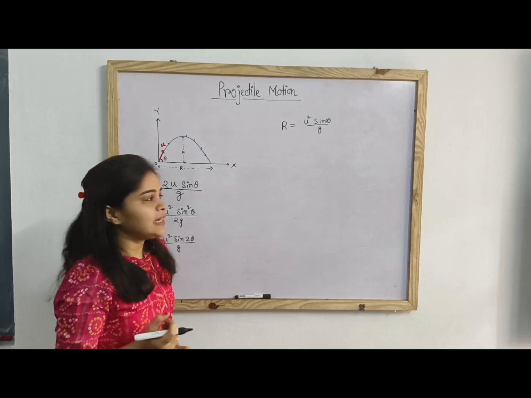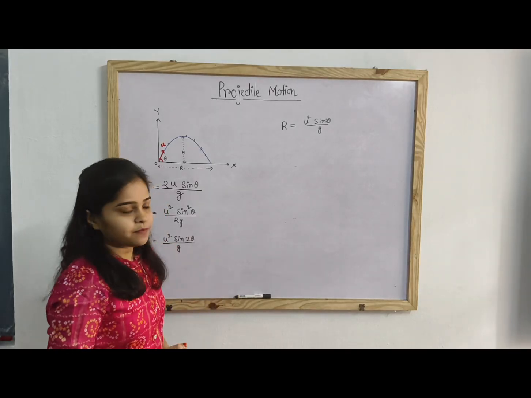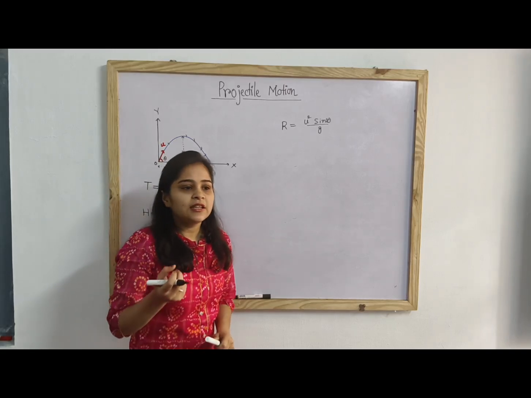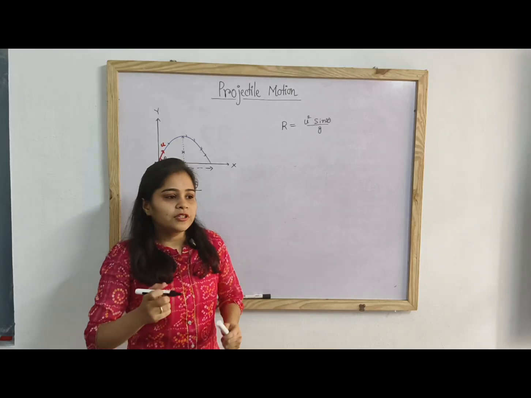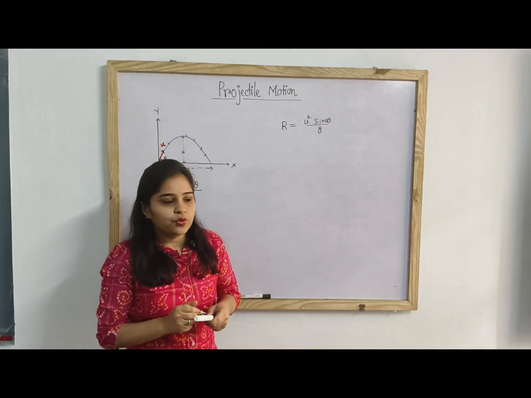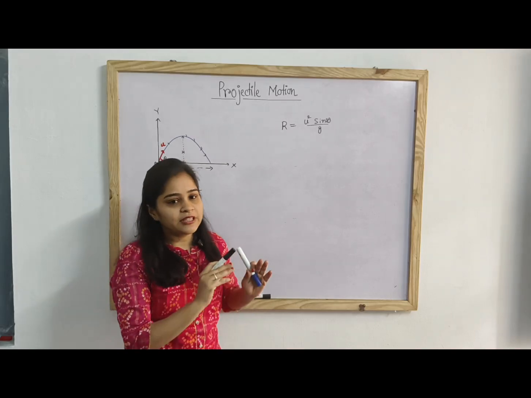Now my question is, for what value of theta is the range maximum? You know that at the time of javelin throw, the athletes throw the javelin at a particular angle with some particular initial velocity.